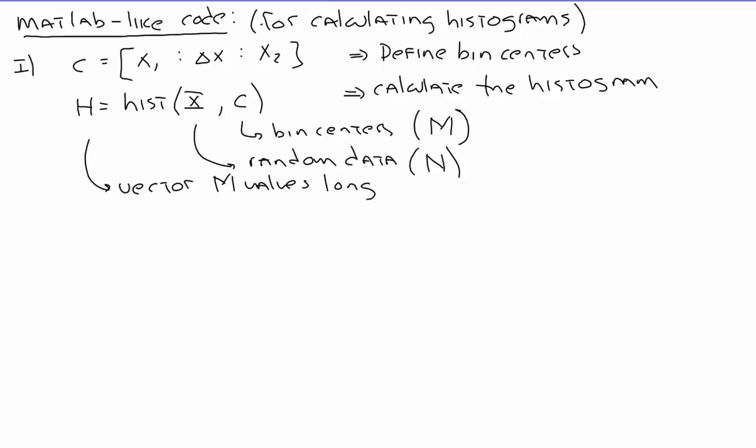My N data points in X will be sorted into M bins centered at each of the values in the vector little c. That's going to give me back the histogram, which is the sorted number of points in each one of those bins.